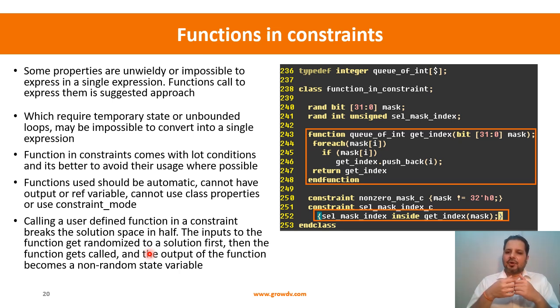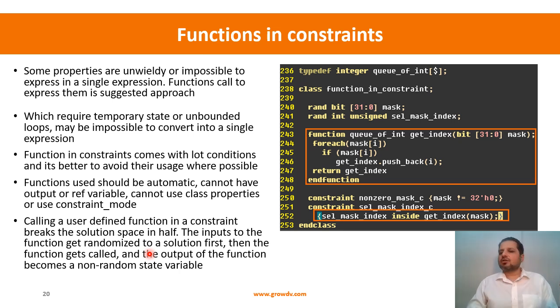So that's an important point to understand: if that particular state cannot satisfy the next set of constraints which are based on the state returned from your function, then the solver will fail. There is no going back. Because the state returned by the function is not satisfying the next set of constraints, it won't go back to the original input variables and resolve them and call the function again.